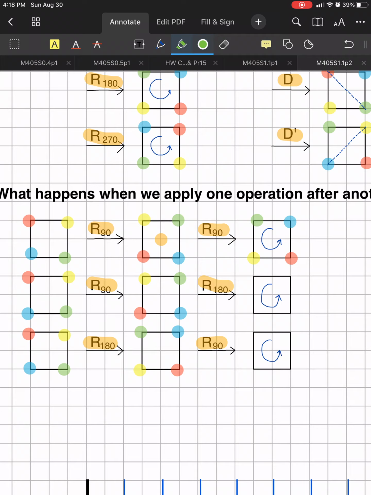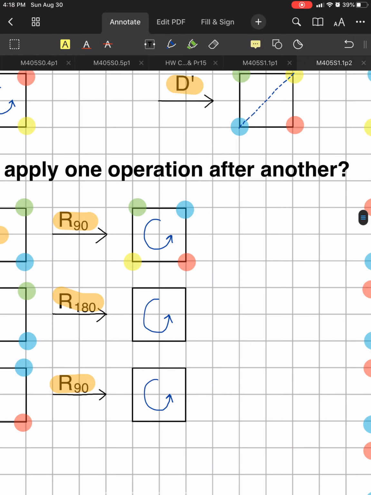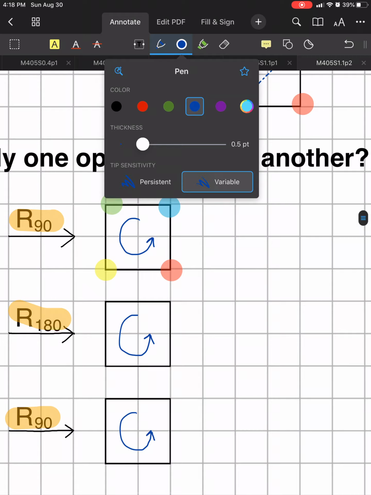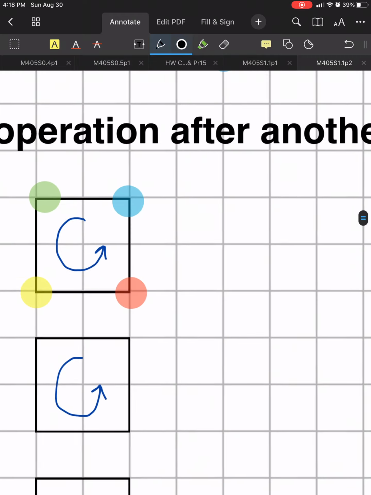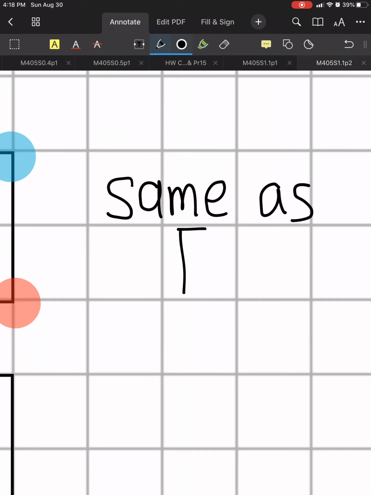And if you'll notice, when we're done with this, it's the same as one of our outcomes above. It shouldn't really be any surprise to anybody, but this is the same as what we got when we did a 180 degree rotation.